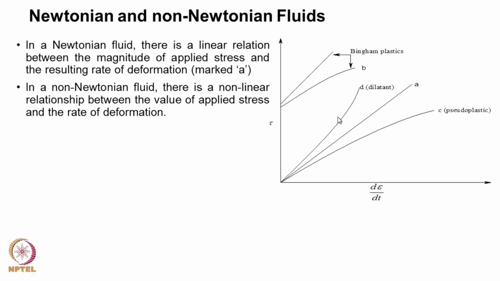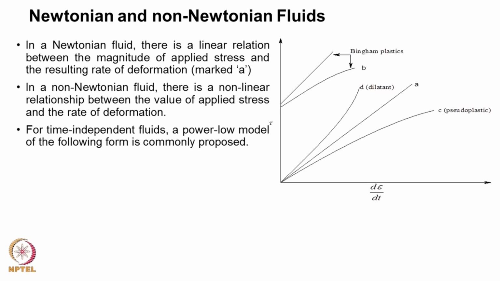Any other behavior marked in this figure, either B, C or D, where the linear relationship is not followed, is called non-Newtonian fluid. Toothpaste is an example of a non-Newtonian fluid, blood is an example, and grease is an example.